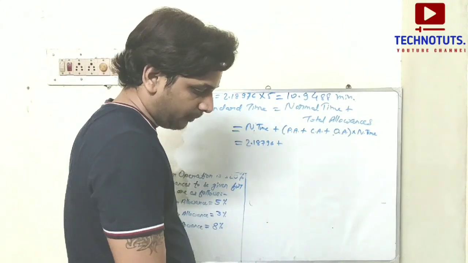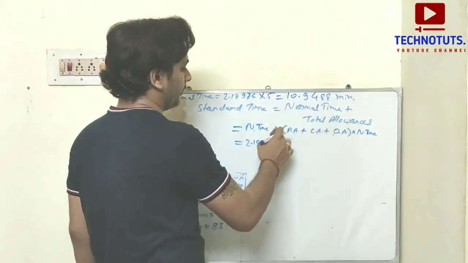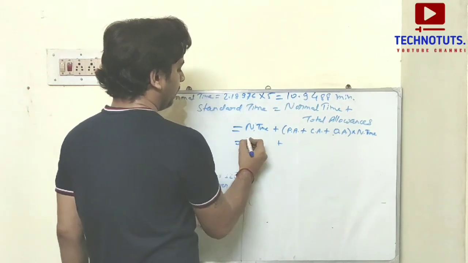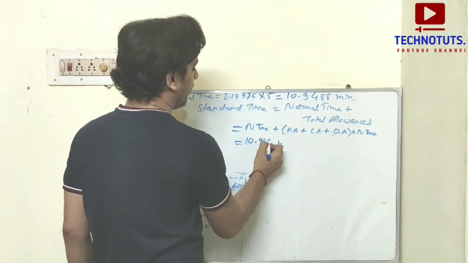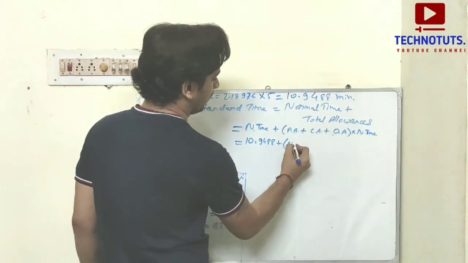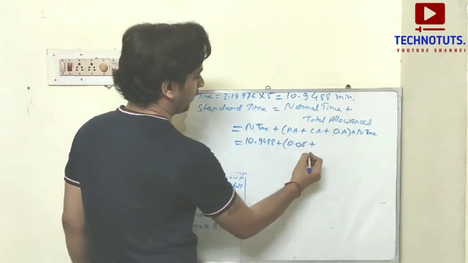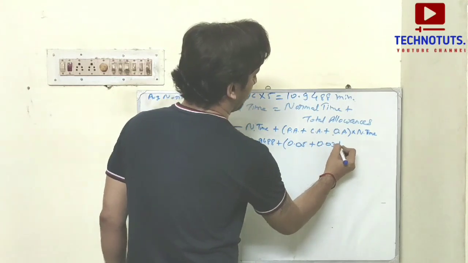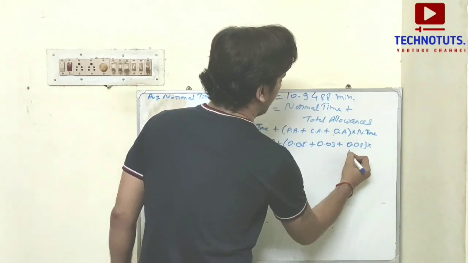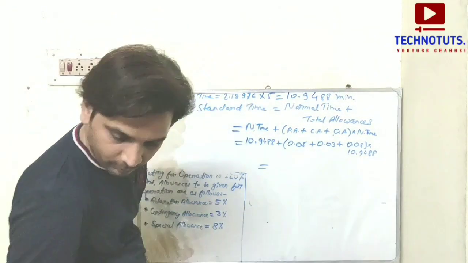Normal time is 10.9488 and allowances are also given. Personal allowance is 5%, so 0.05, plus contingency allowance is 3%, 0.03, plus other allowance is 8%, so 0.08, into 10.9488.